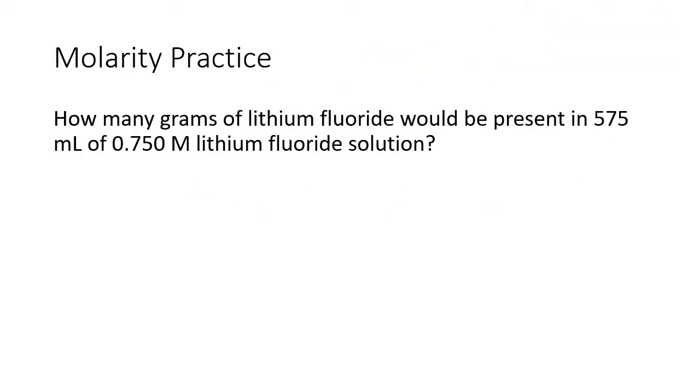How many grams of lithium fluoride would be present in 575 milliliters of 0.75 molar lithium fluoride? Lithium fluoride, our chemical formula would be, lithium forms a +1 charge, fluorine forms a -1 charge, so we would have LiF.